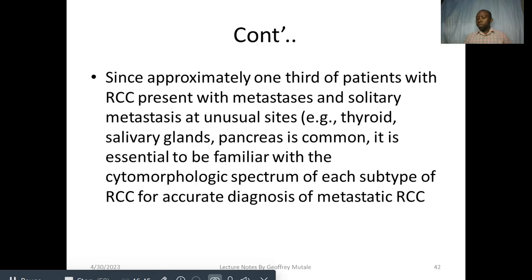Since approximately one third of patients with RCC present with metastasis, and solitary metastasis at unusual sites, for example the thyroid, salivary gland, and pancreas, which is common, it is essential to be familiar with the cytomorphological spectrum of each subtype of renal cell carcinoma for accurate diagnosis of metastatic renal cell carcinoma.